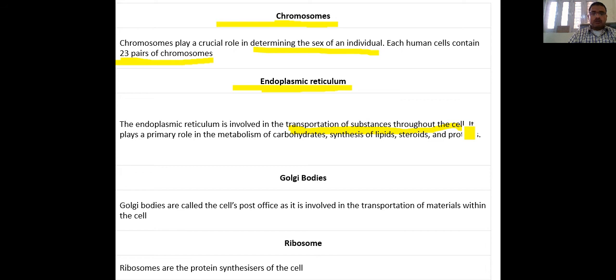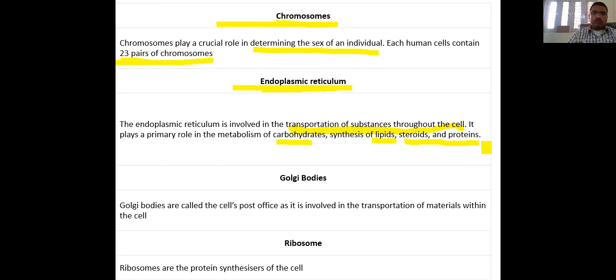The primary role of the endoplasmic reticulum is to provide carbohydrates and lipids, including different kinds of lipids, steroids, and proteins. These are essential things by which the whole organism works, and they are performed by the endoplasmic reticulum.